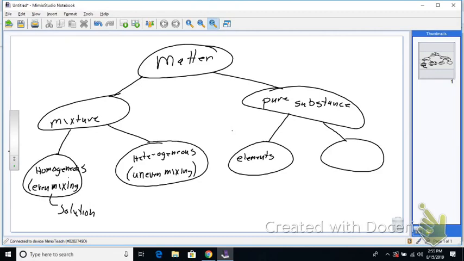It's going to be of one element. So elements would be one type of atom, like a hydrogen atom or a carbon atom. And then a pure substance can also be considered a compound, and that's when we have two or more atoms bonded together.